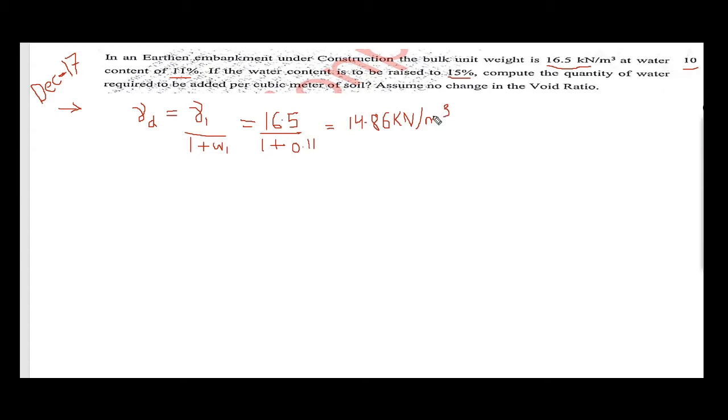In this, what will be the weight of the soil? The gamma d formula is weight of the solids divided by total volume of the soil. Now it is a dry density, so no water content is present in that.